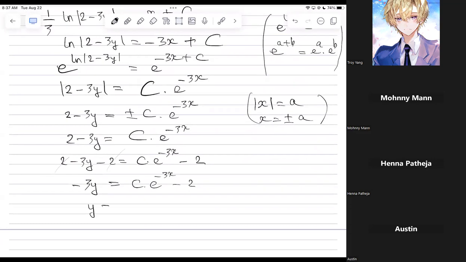So y is equal to negative c over 3 times e to the power -3x plus 2 over 3. In this step I just divide both sides by -3.